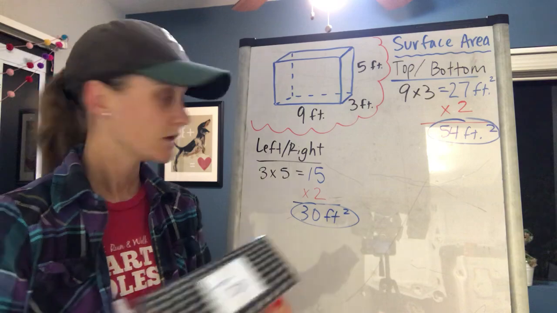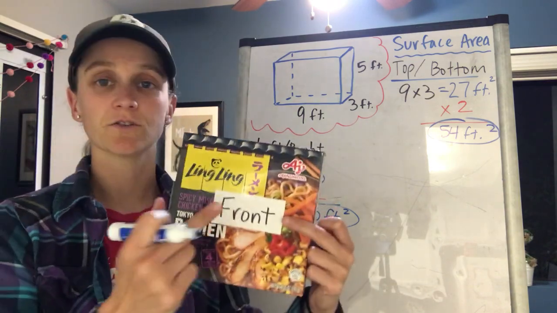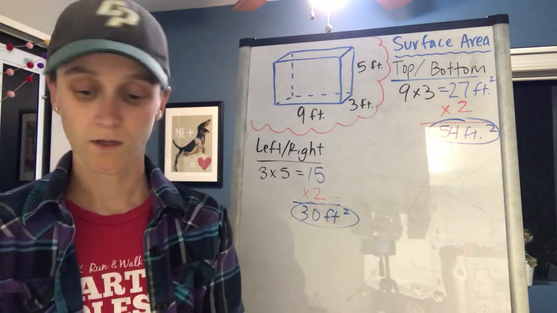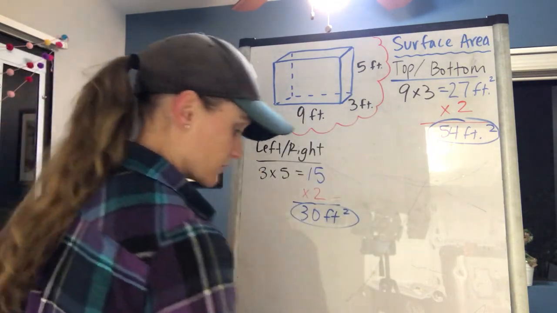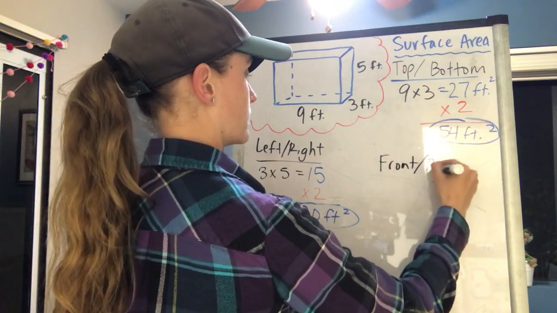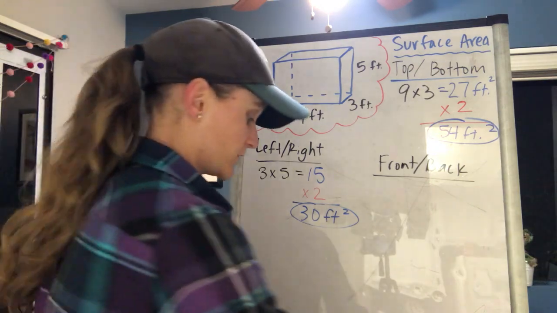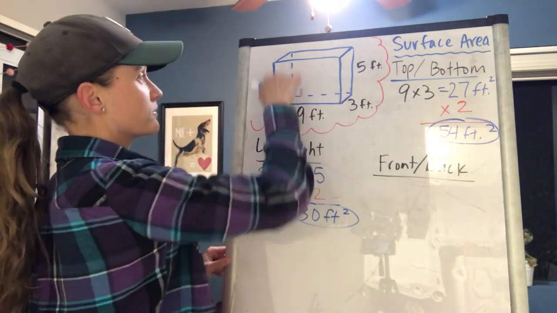So that means for the left and the right, it's going to be 30 feet squared. Okay, so I have the top and the bottom are done. The left and the right are done. Now I need to do the front and the back. So for the front here, let me write front and back. Okay, so for the front side here, it's this big one right here.